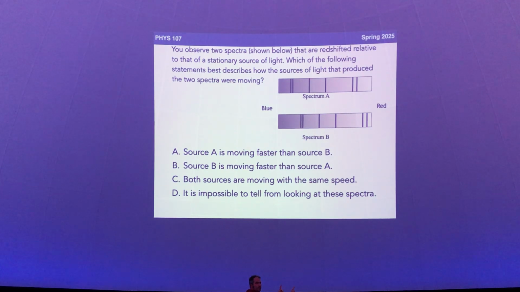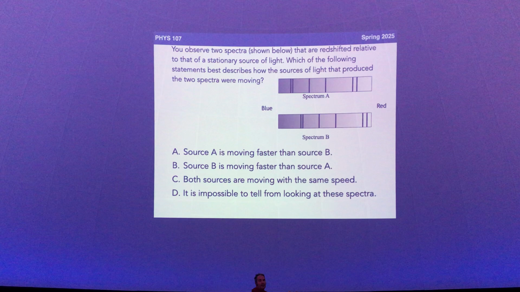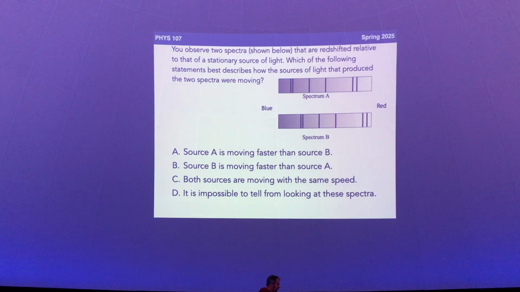If they move at the same speed, doesn't matter how far away they are, the shift is the same. Okay. And so this one's shift is bigger, so it's moving faster. It could be here, it could be just overtaking it. Okay. All right, thanks for being here, that's great.